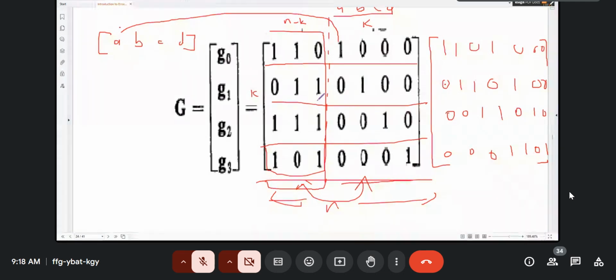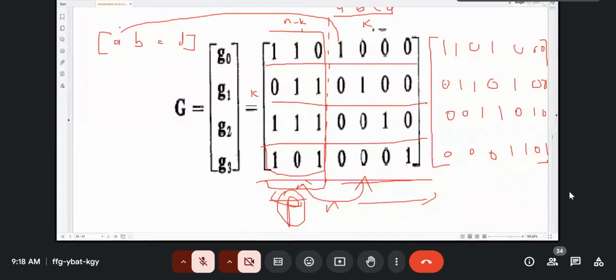So this is the part, this is the P, and this is the one which we transpose. Once we transpose it, the rows will be n minus k.